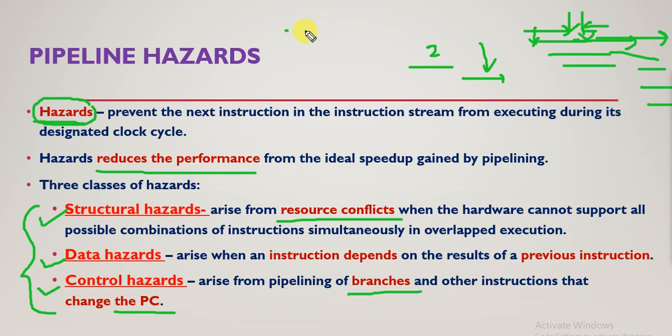This is the branch instruction, then the next is designated, but due to the branch it may need to go to some other location. But the second instruction has already started execution and is in the middle stage. So that cannot be permitted.